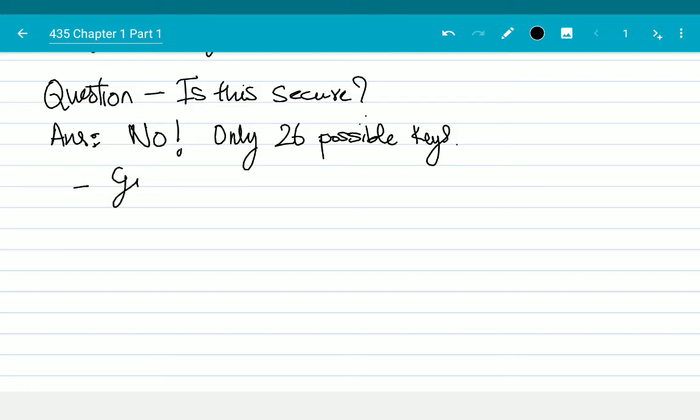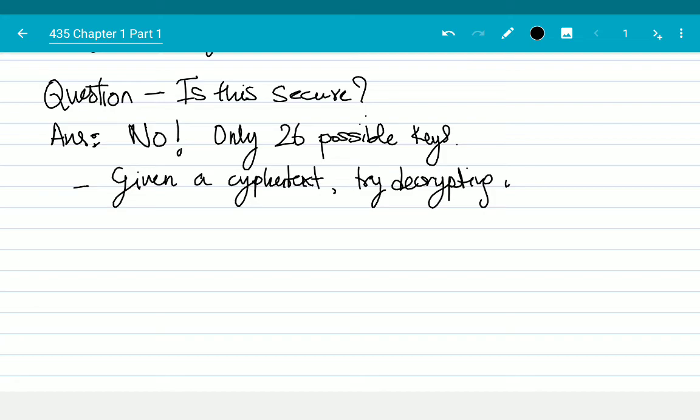Well, given a ciphertext, you can just try decrypting with every possible key, and at least one of them should make sense.